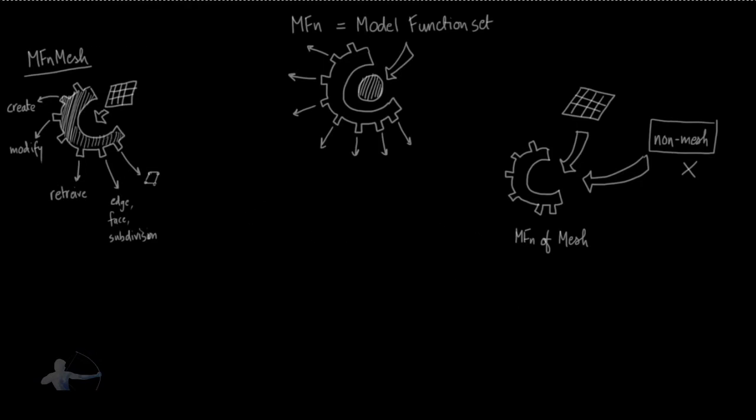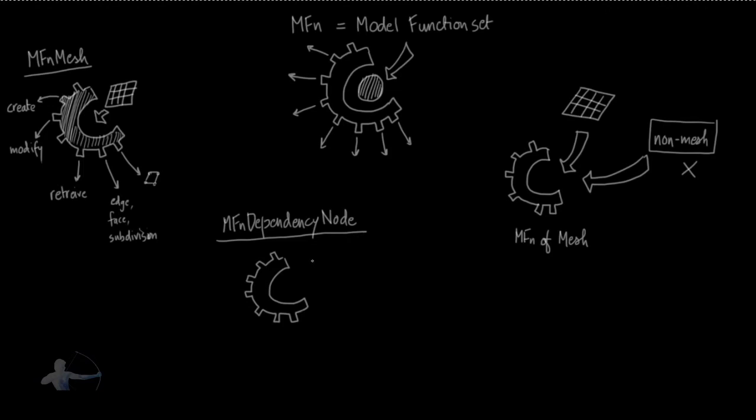The second function set we will study here is MFnDependencyNode. MFnDependencyNode is a set of functions that takes dependency node type data and provides us the functions for creating, modifying, and retrieving the dependency graph nodes.